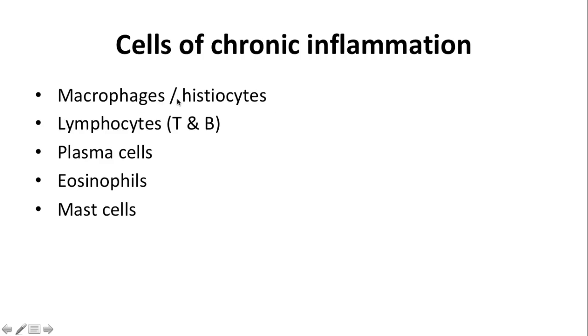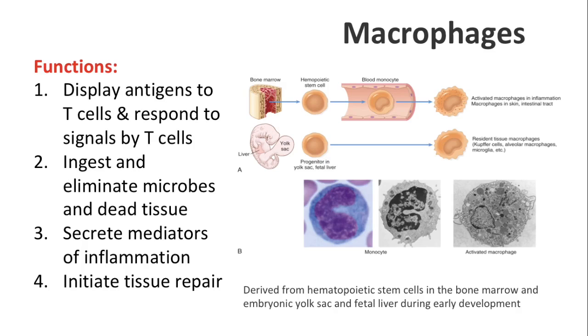Macrophages definitely play the main role in chronic inflammation, and they have a bidirectional interaction with the lymphocytes as well. So what are macrophages? Macrophages are derived from hematopoietic stem cells in the bone marrow and also the embryonic yolk sac and fetal liver during early development. In the bone marrow, they produce the hematopoietic stem cell.